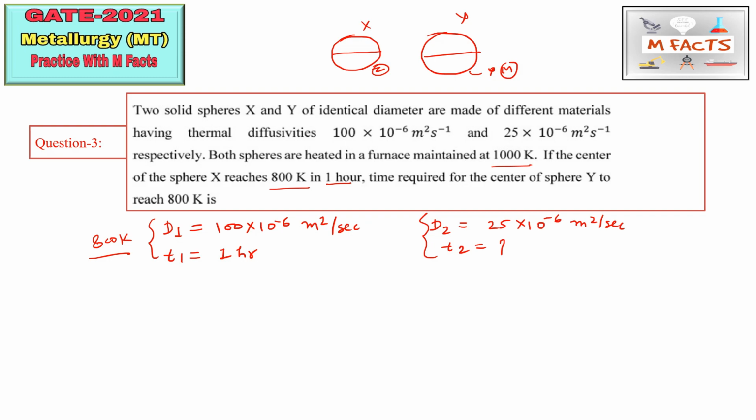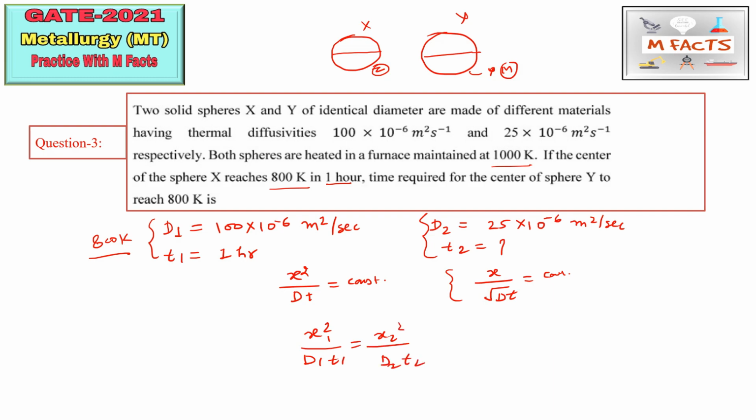So you know one of the formulas that relates the diffusion coefficient with the depth and the time: x square by Dt is equal to a constant, or in some books you will find x by under root of Dt is equal to a constant. So from here you will get x1 square by D1 t1 is equal to x2 square by D2 t2.